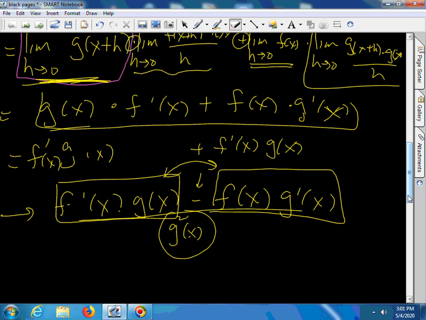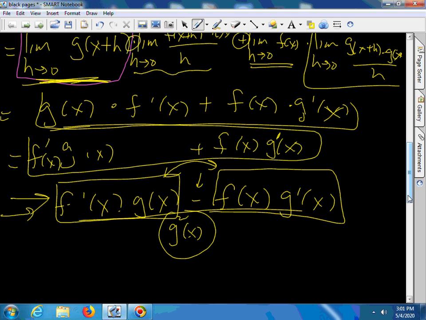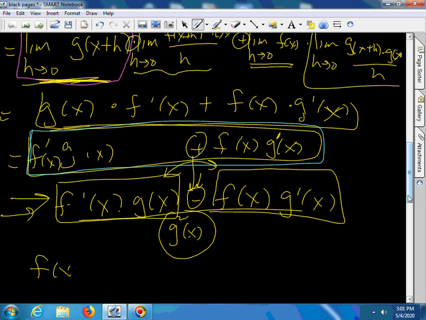Let's keep the product rule this way. This way, this and the numerator of the quotient rule are very similar. Difference is, instead of plus, you have minus. Remember the product rule this way. And it's easy to remember based on what I said.